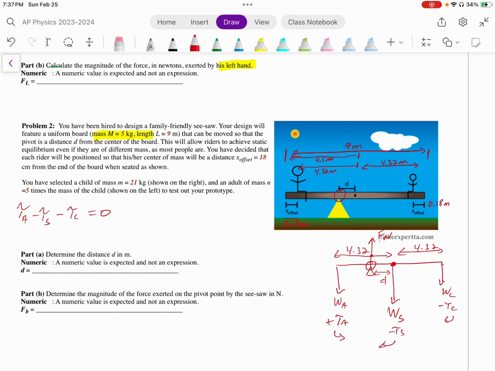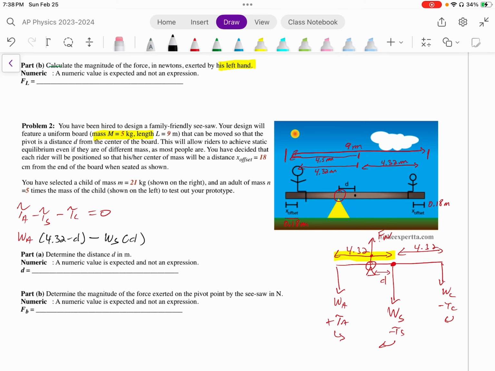Torque from the adult is the weight of the adult times the distance away from the axis of rotation that I have selected. Now look what that is. It's not 4.32. It's 4.32 minus d, minus the torque caused by the seesaw, which is the weight of the seesaw times the distance away from the axis of rotation.